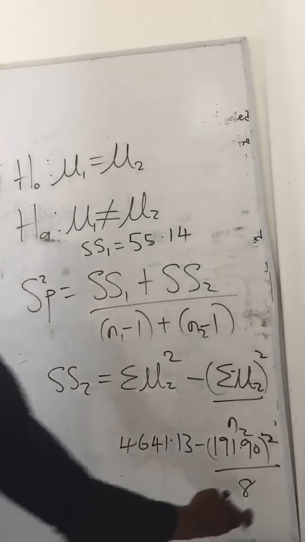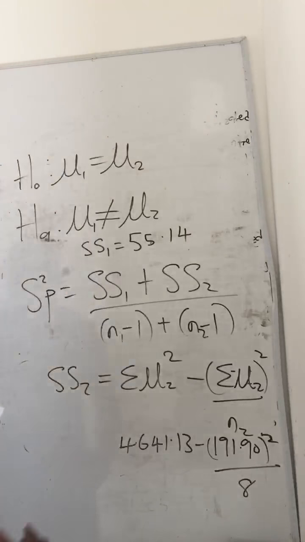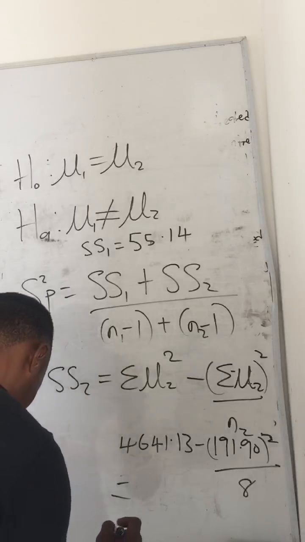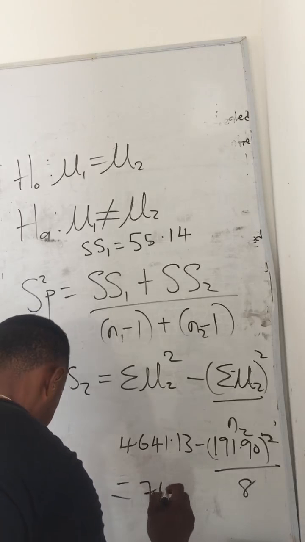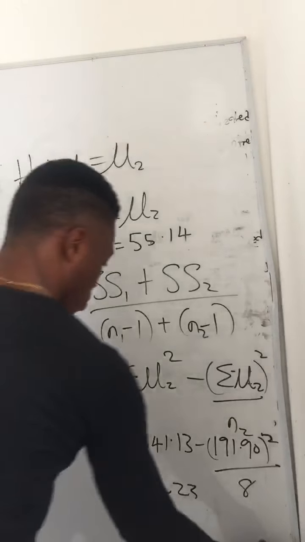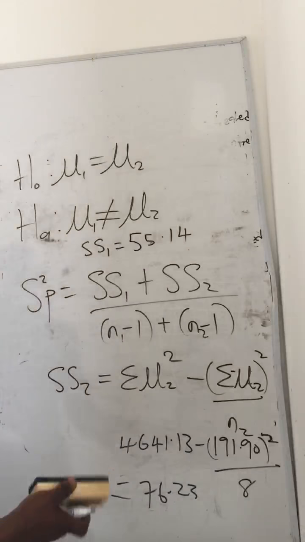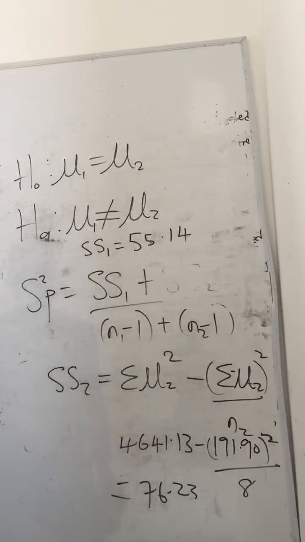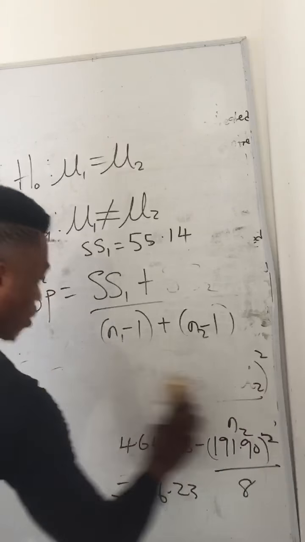The number of observations for treatment B is 8. If you compute this, you obtain 76.23. So you can now have the SS1 and the SS2.